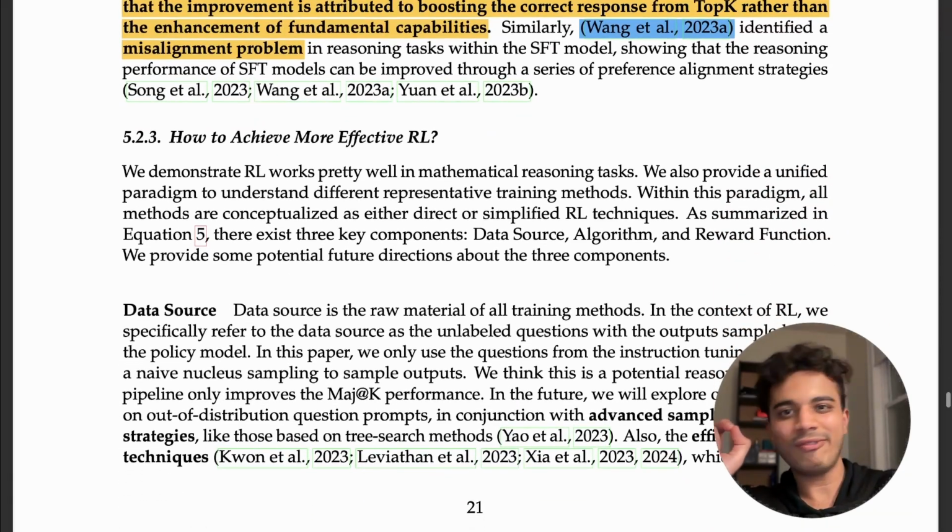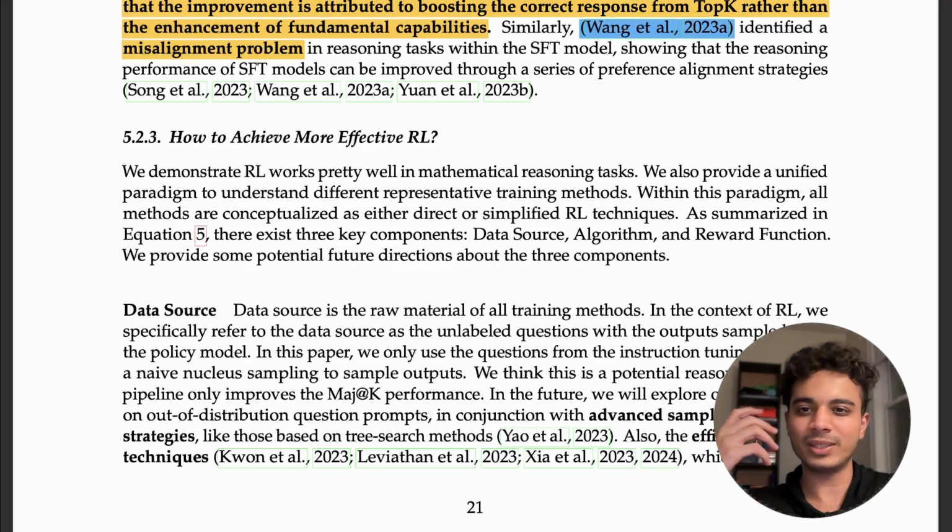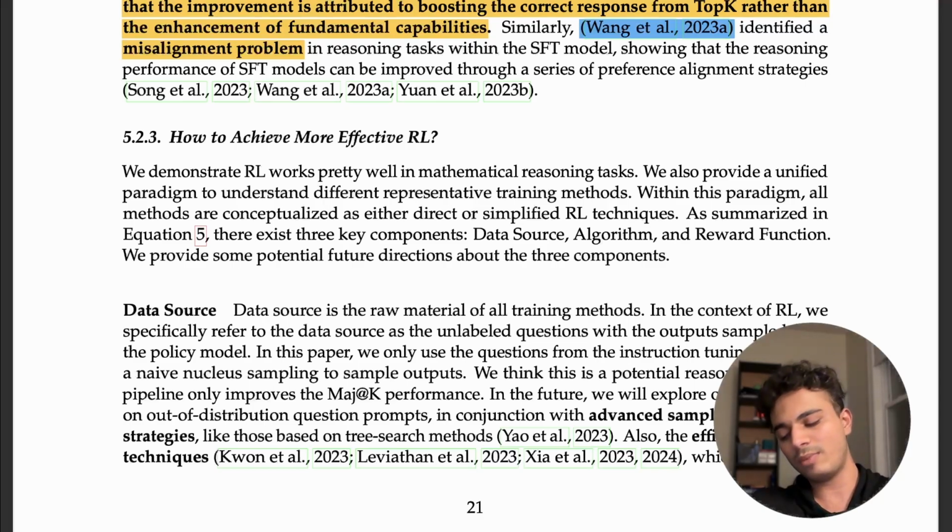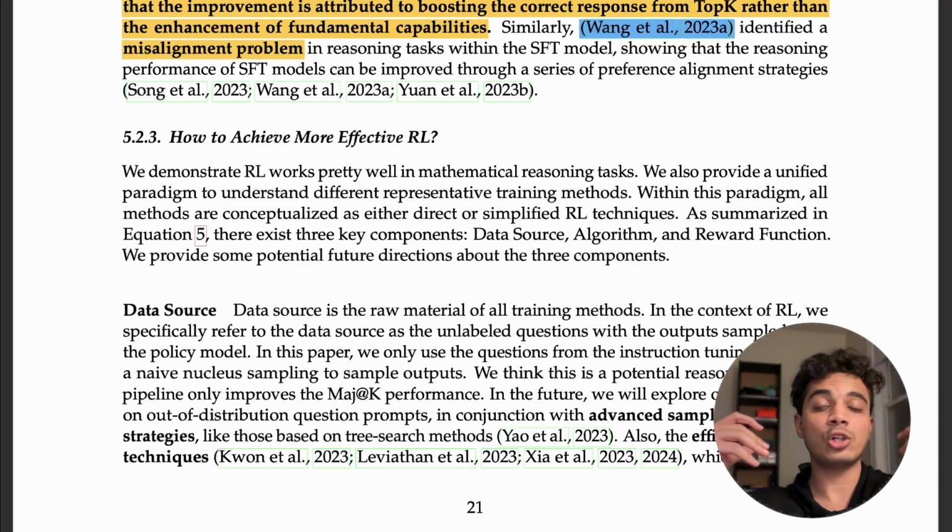So, how to achieve more effective RL? This is very important, and this is something that I want to know personally because whenever I develop an MDP of a problem or the equation of optimization for any given problem that my professor gives me or through the industry, it becomes very difficult for me to effectively introduce RL into it because I have to take care of computation, I have to take care of how long it will take for me to train this model, and I'll also have to figure out what kind of reward function I'll have to use.